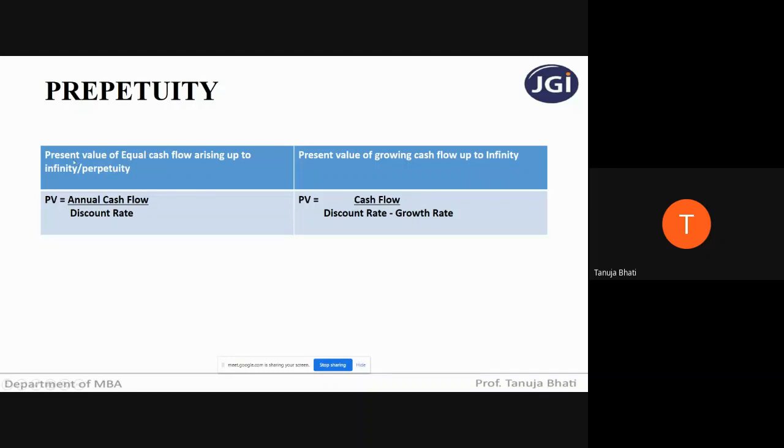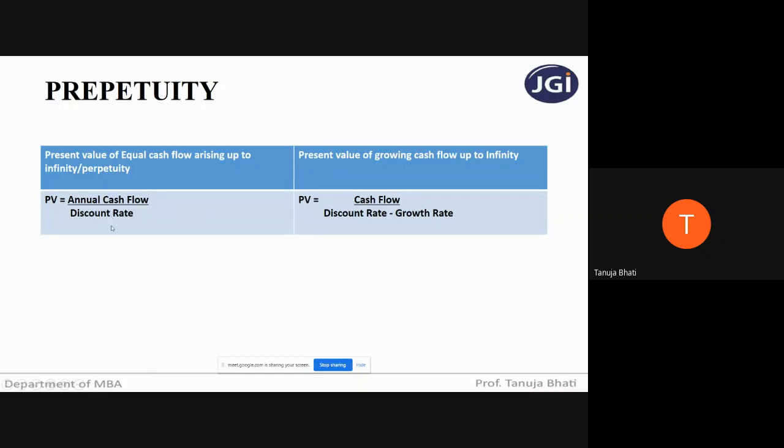So students, pay attention here. Present value of equal cash flow arising up to infinity. If we are supposed to find out the present value of a perpetuity, the formula is annual cash flow divided by discount rate. That is the rate of interest. So annual cash flow divided by discount rate. Why is n not taken in the formula?